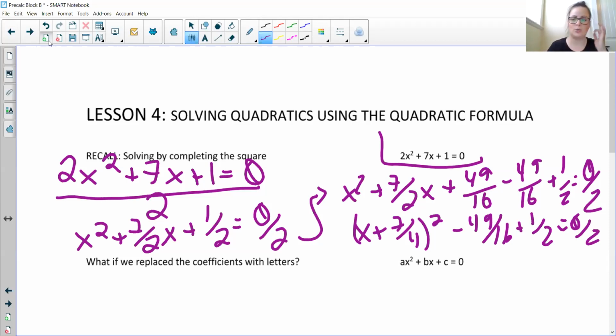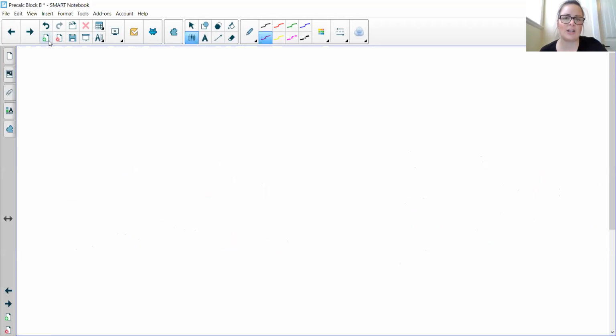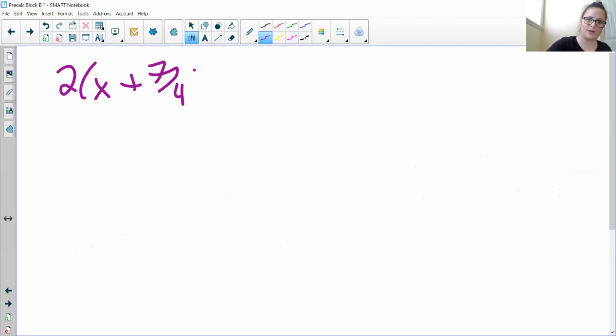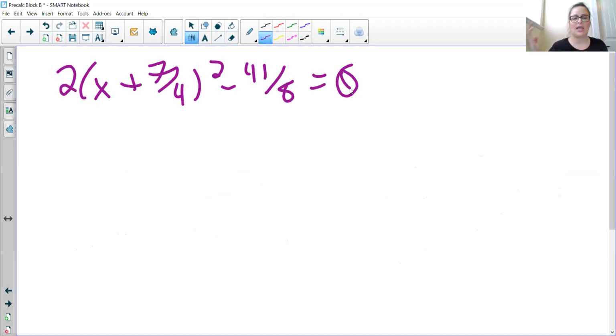And then you would find a common denominator with those two fractions, and you would add them. And then you would end up getting something like this, where you would get (2x plus 7 over 4) squared minus 41 over 8 equals 0. And then once you have that, you could then solve.